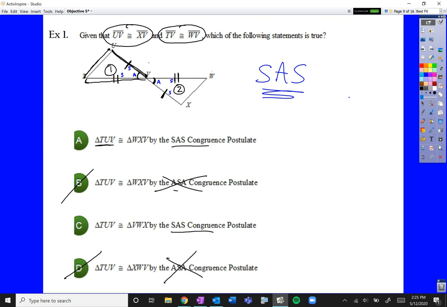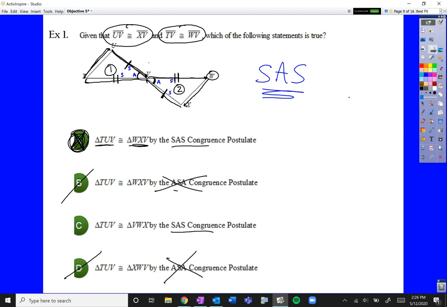Let's start at W. We're going to go to X, which is down the side with no tick mark, over the side with 1 tick mark, back along the side with 2. Is that the same thing we said? We said no tick mark, down to 1, across at 2. So it follows the same pattern. So this then is the correct way to name those 2 triangles.